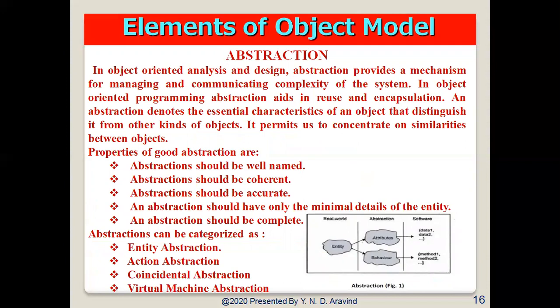Here, an abstraction focuses on the outside view of an object and so serves to separate an object's essential behavior from its implementation. And the abstraction focuses on the essential characteristics of some object relative to the perspective of the viewer.